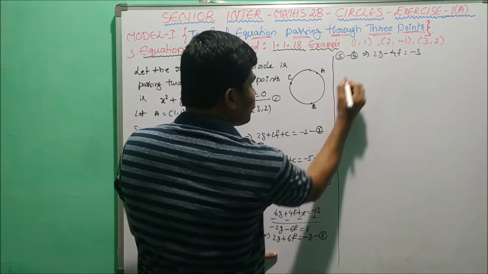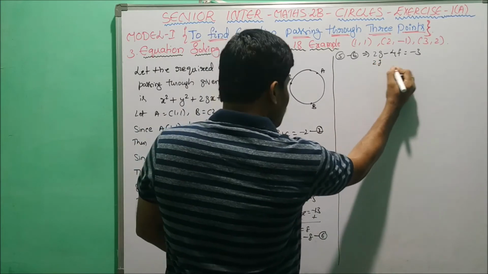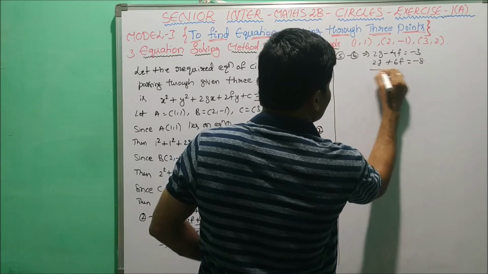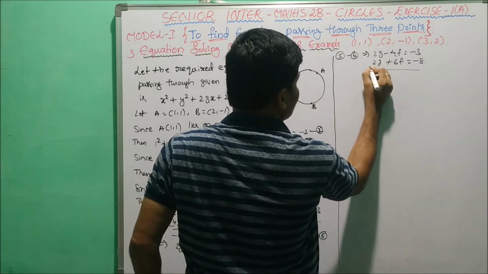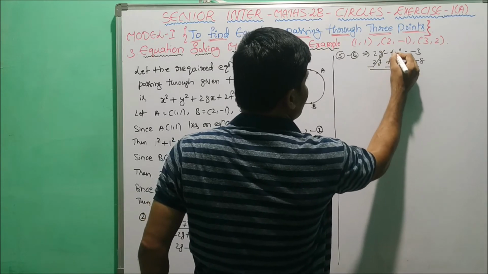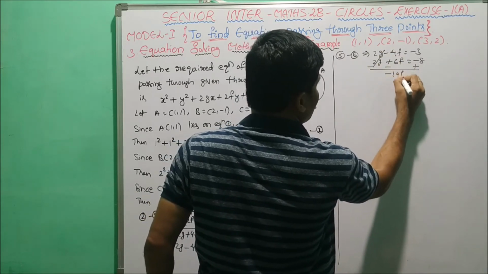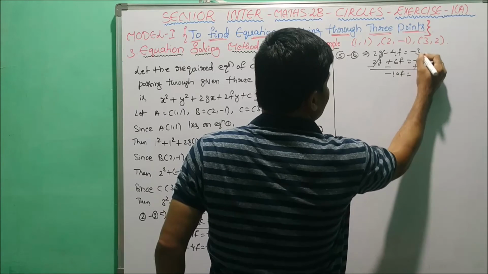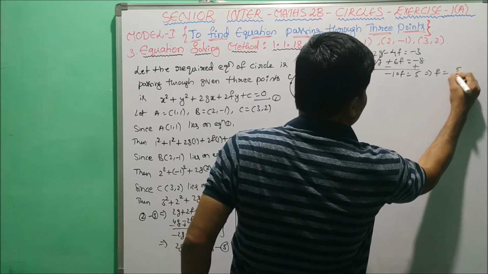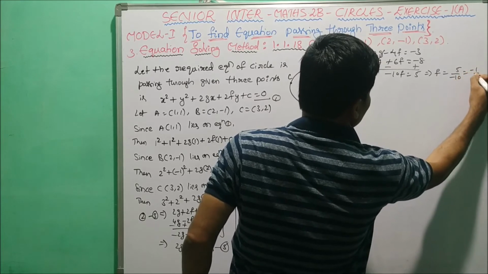Equation 6 is 2g plus 6f equals minus 8. Here also change the signs, minus, minus, plus. G's are cancelled. Minus 6f minus 4f, that is minus 10f, equals 8 minus 3, that is 5, which implies f equals 5 by minus 10, that is minus 1 by 2.